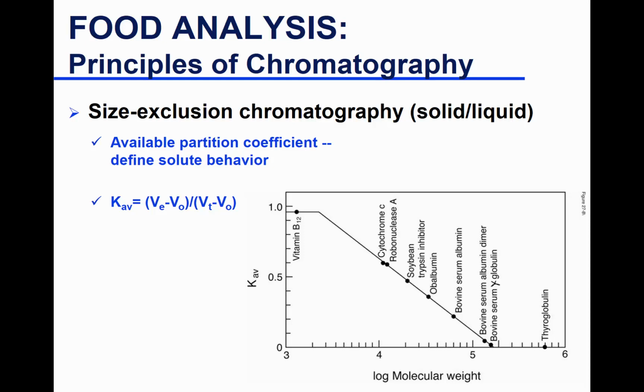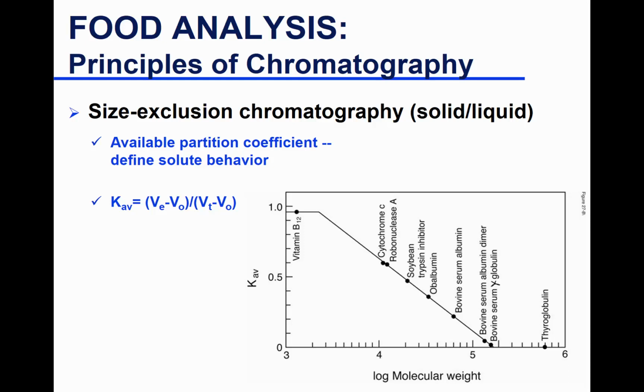If the particle is too small, like vitamin B12, for example, that means your VE is almost as big as VT, the total volume. It means the elution volume was almost the entire volume of the column to elute. That means it's the smallest. So the ratio would be 1.